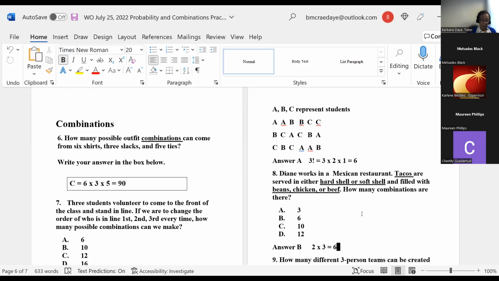They are made up of a shell and a filling. You need them both to make up the taco. So you look at the two kinds of shells and the three kinds of filling, multiply them out, and you get 6 combinations.